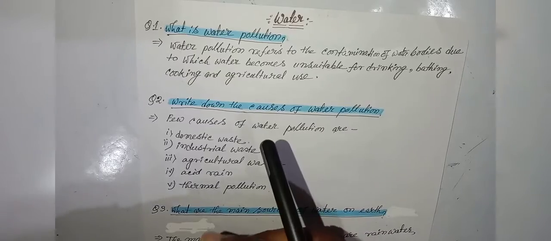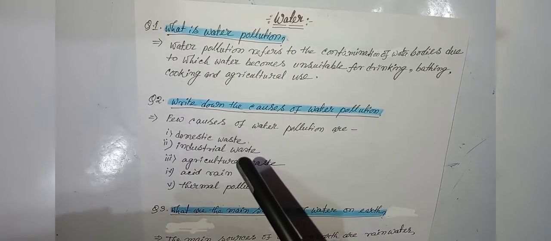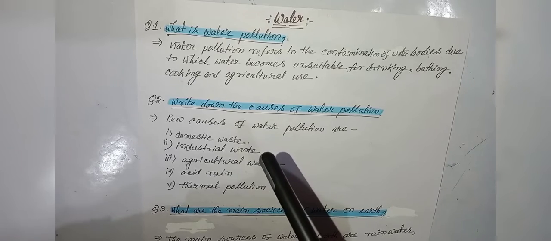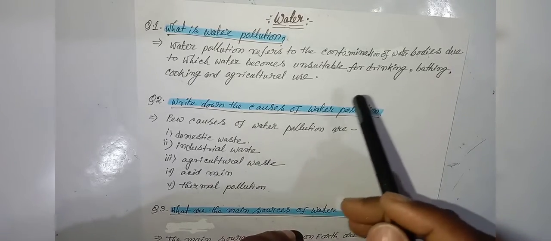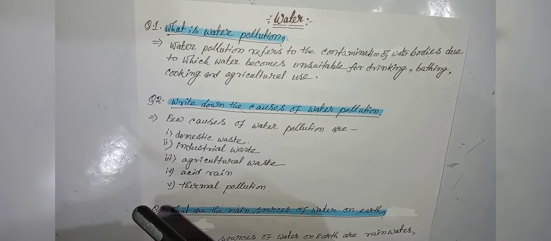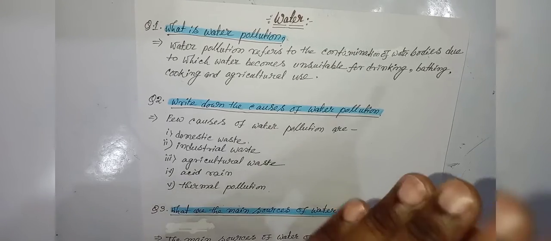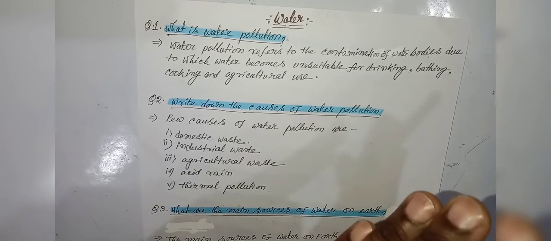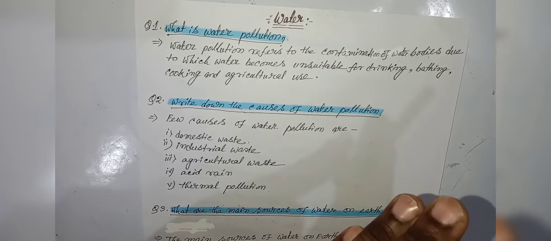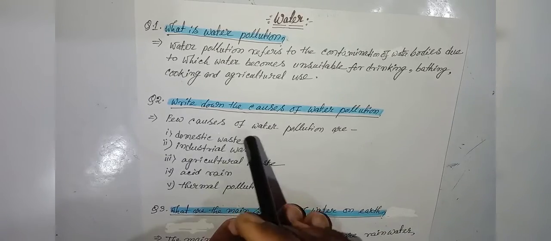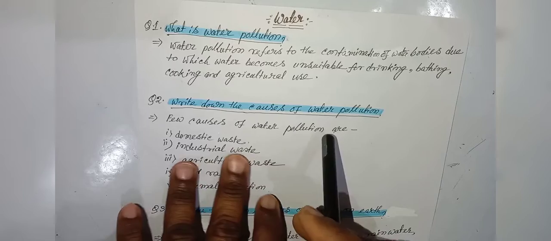Okay. What is water pollution? Water pollution refers to the contamination of water bodies due to which water becomes unsuitable for drinking, bathing, cooking, and agriculture use. Write down the causes of water pollution.